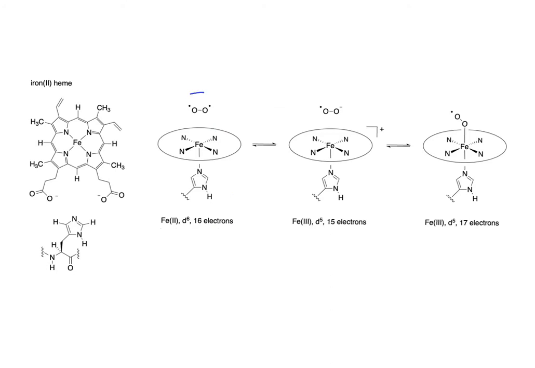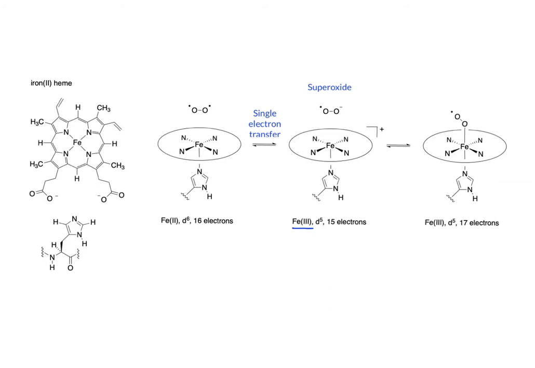As oxygen approaches the iron heme complex, the current theory is that there is an initial single electron transfer from iron to oxygen to give superoxide and an iron(III) intermediate, which has the unusual d5 electronic configuration and 15 electrons associated with it.